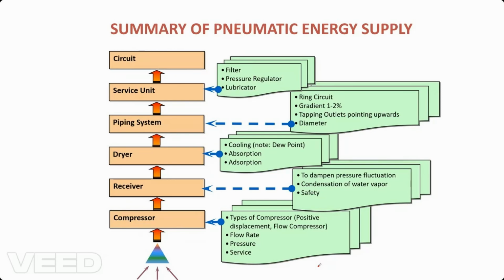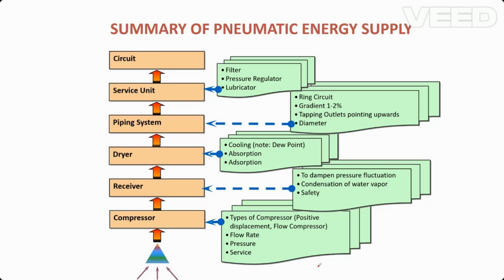Here we can see where the components we have seen can be used. Firstly, for preparation of air we need compressors, and we use different types of compressors. For controlling the flow rate and pressure we use control components, and service units for cleaning purpose. We have a receiver to handle pressure fluctuations, and we use dryers for cooling or removing moisture.